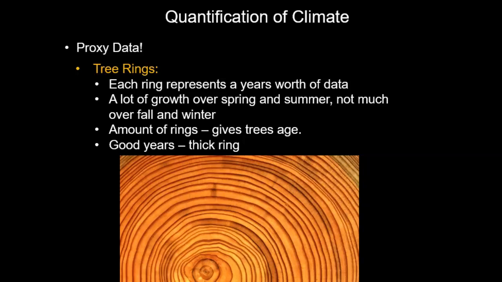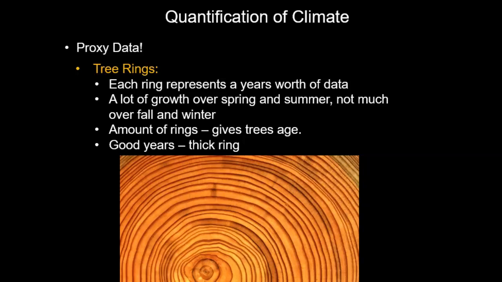Each ring represents a period of rapid growth, which in the image appears as the light-colored parts. This rapid growth typically takes place during the spring and summer months. And then you have a period of slow to no growth, which in the picture is represented by the dark part of the ring, and it typically happens during fall or winter.